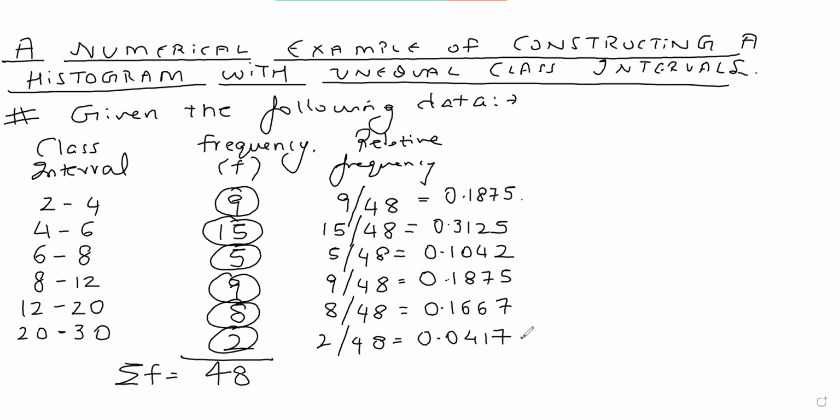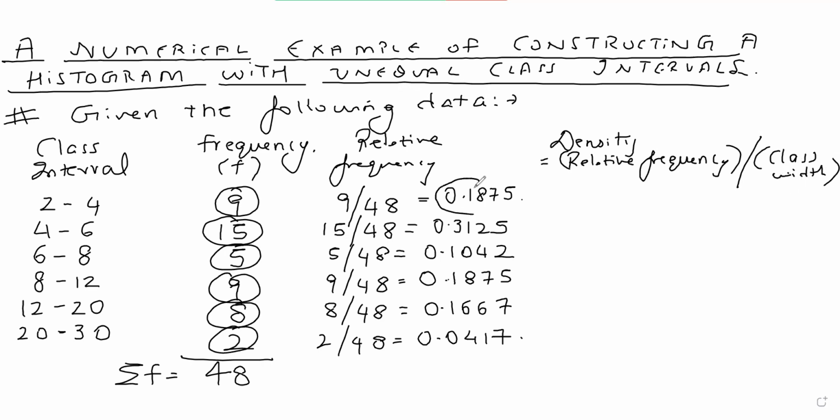These are all my relative frequencies, and then I can calculate the density. So what is my density? My density is nothing but the relative frequency divided by the class width. My relative frequency is 0.1875. What is my class width?